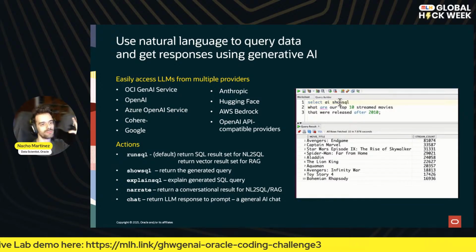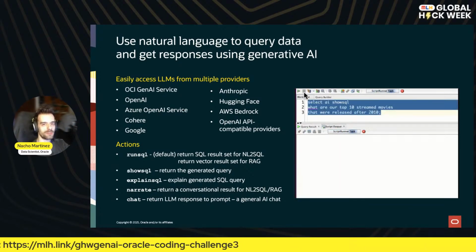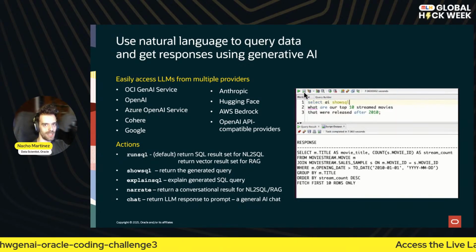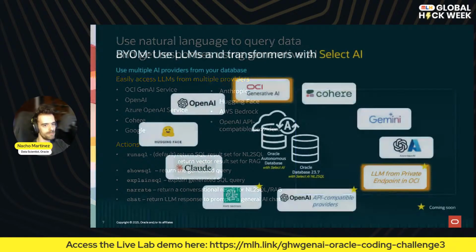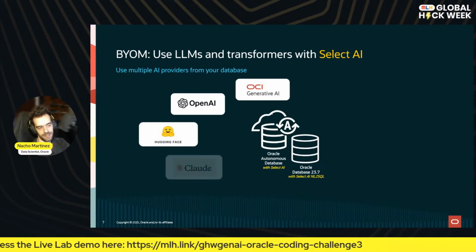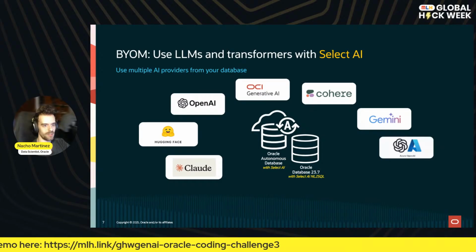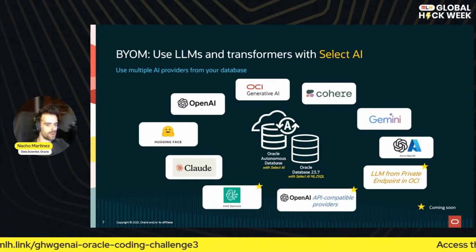So you can choose, in theory, any LLM that you want, connect it to Select AI with some authentication, which we will see how, and then just talk with the LLM and with the data in your database. Yeah, so it has lots of supported models, right? And you can just bring your own if you wanted.